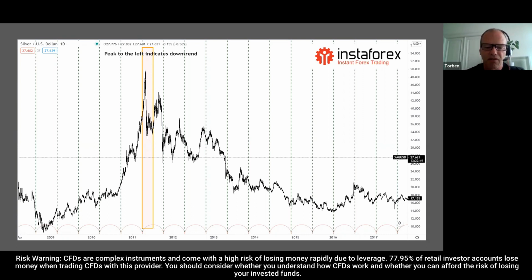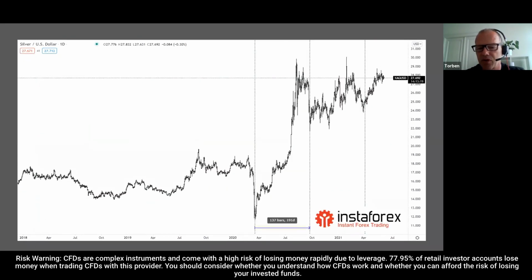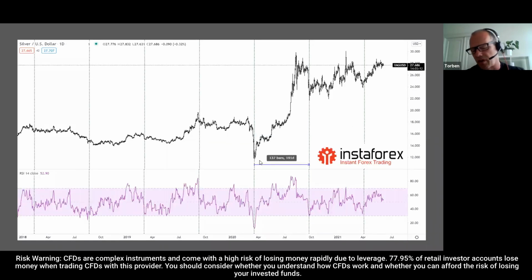Again, this here was created from just going back here, from just pinpointing those two lows, and then, if you want to confirm it, just confirm them with the RSI that they actually are lows, and then now you have a cycle here.